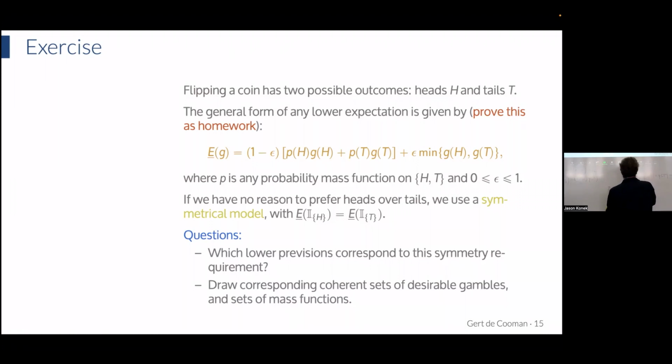1 minus epsilon times 1/2 the value of heads plus the value of tails, plus epsilon times the minimum of the value of heads and the value of tails. So this is all of it.